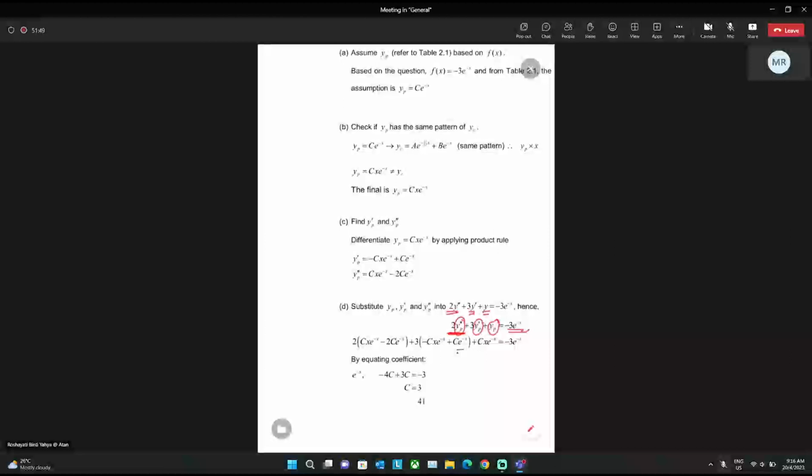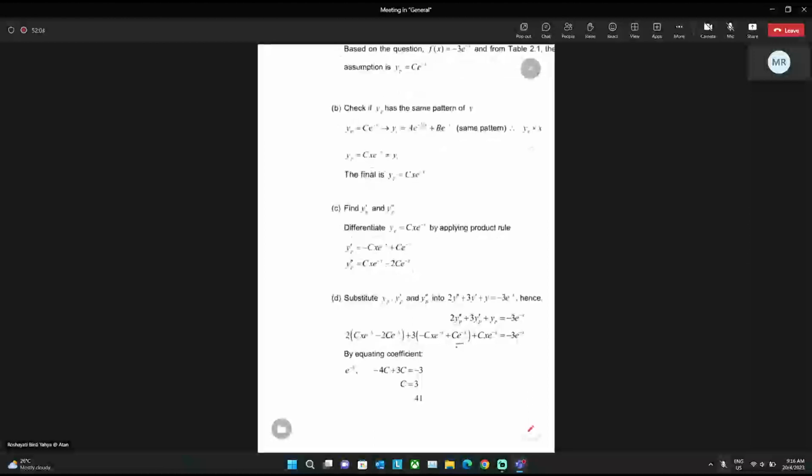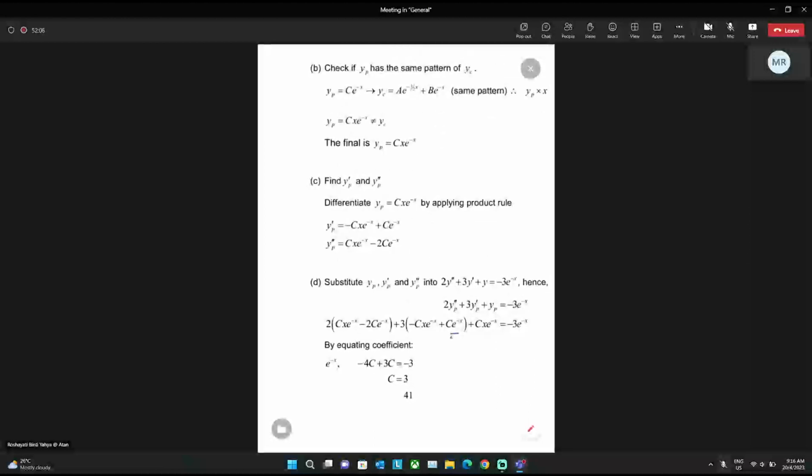So this is YP double prime here, YP. Okay, by equating coefficient. Look at your left hand side.